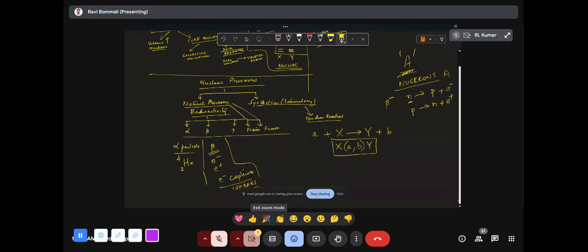So this is an example of beta plus decay. This is beta plus decay, this is beta minus decay. So what happens in beta minus? Electron is emitted. In beta plus, positron is emitted.